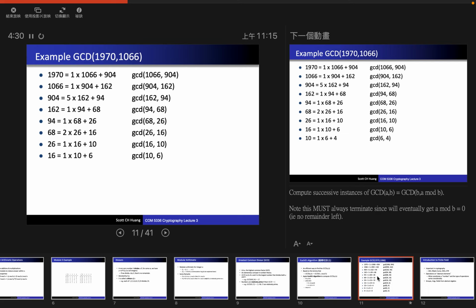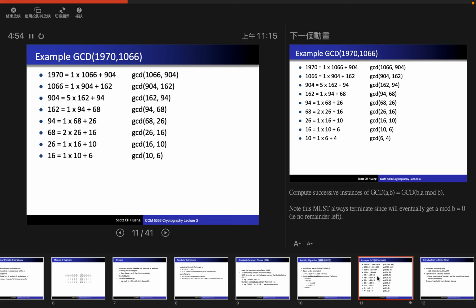So this is what I learned in high school. But actually, now we prefer this type of calculation instead of this way, because it's going to be easier for us to do the backward substitution in order to find the multiplicative inverse. I'll introduce that later.